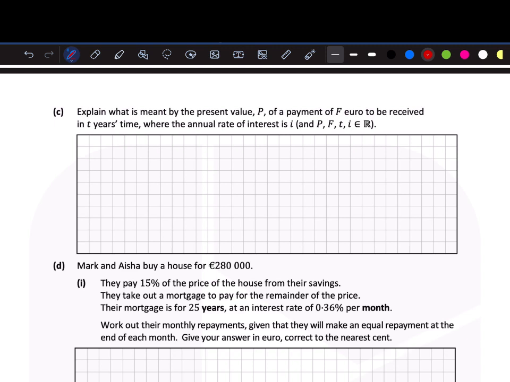Part C, explain what is meant by the present value P of a payment of €F to be received in T years time where the annual rate of interest is I. So you want to explain all of these.